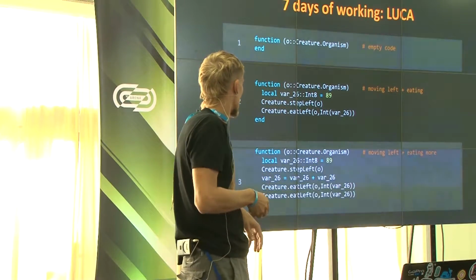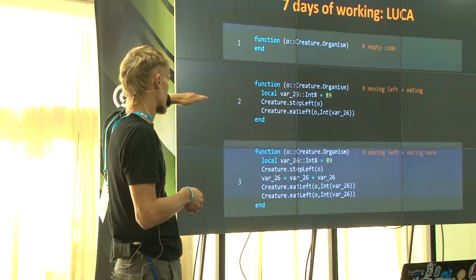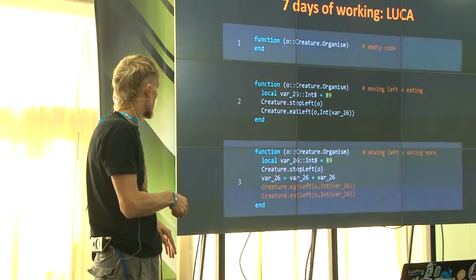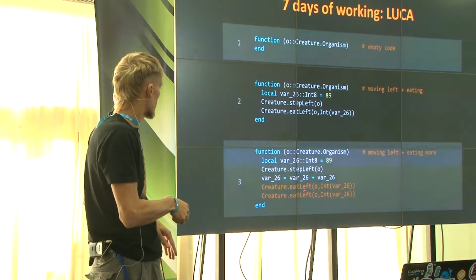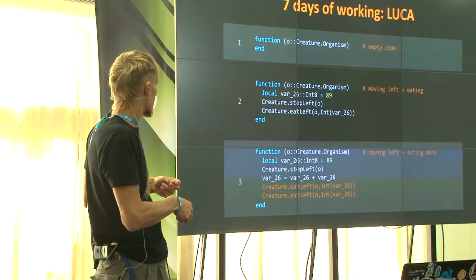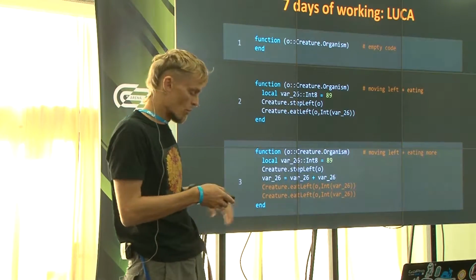The next step was, this is like 3000 generations plus. The next step was by adding, you can see the eating function is called twice, and they started to use the plus operator, and this is how they eat more.